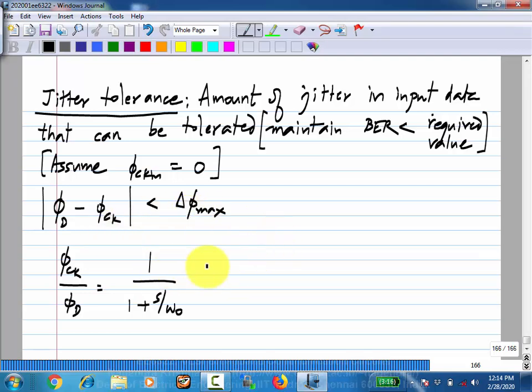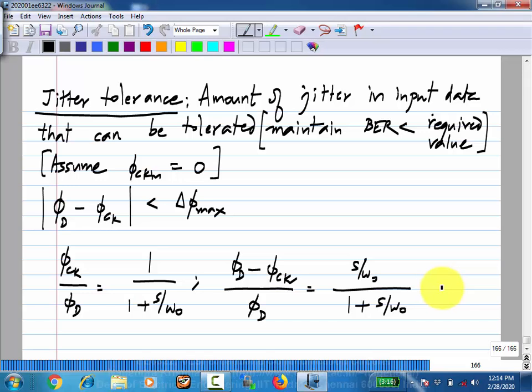So what will be phi d minus phi ck? So this will be phi d minus phi ck by phi d would be s by omega naught by 1 plus s by omega naught. Okay. So now I want this to be less than delta phi max.